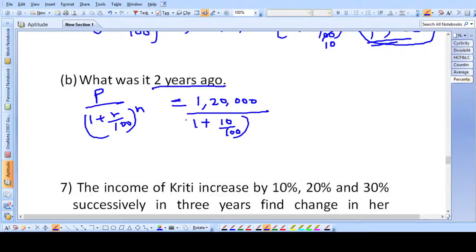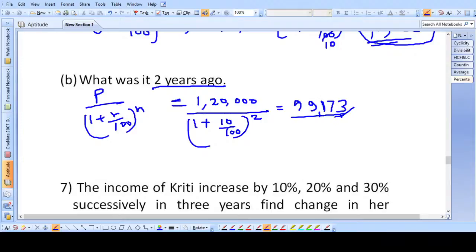Let me just calculate that. Okay, so the population will be what I have calculated here: 99,173, or you can take it as 99,174, anything.